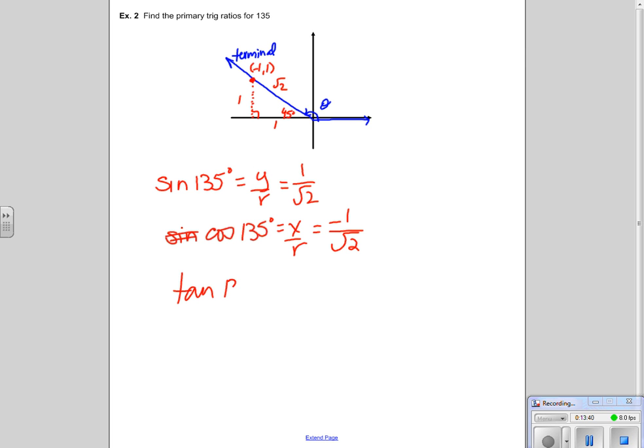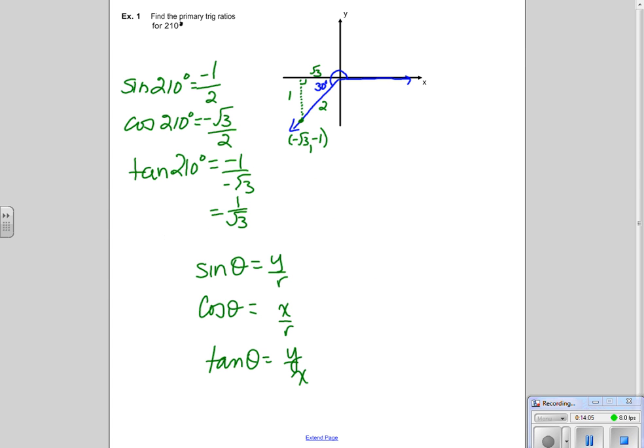Tan of 135 degrees is y over x, which is 1 over negative 1, or negative 1. These values of sine, cos, and tan of 135 degrees can also be put on your sheet. We can refer to those.